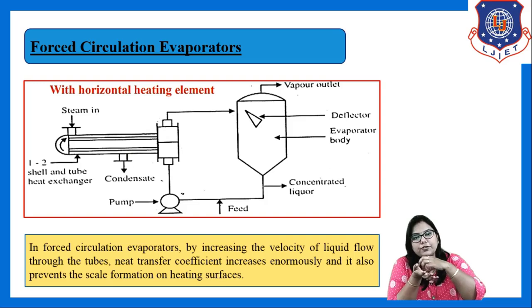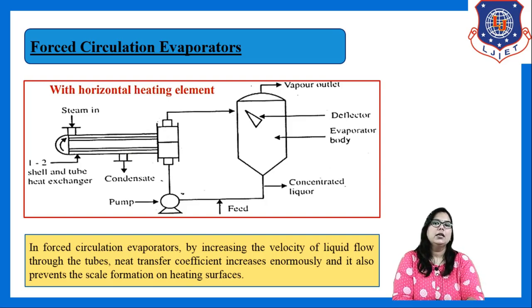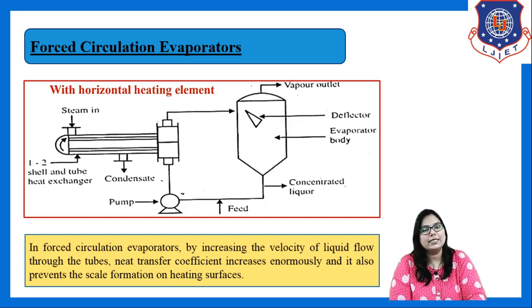As the liquid passes with high velocity, the chances of scale formation are very low. So these are the two advantages of using forced circulation evaporator: high heat transfer coefficient and prevention of scale formation on heating surfaces.